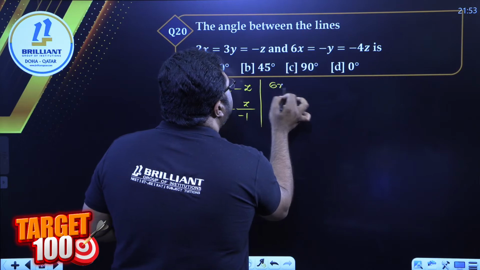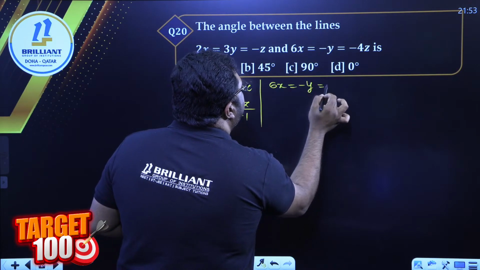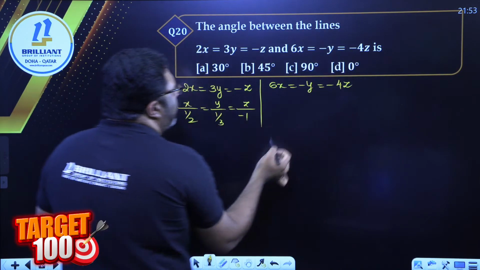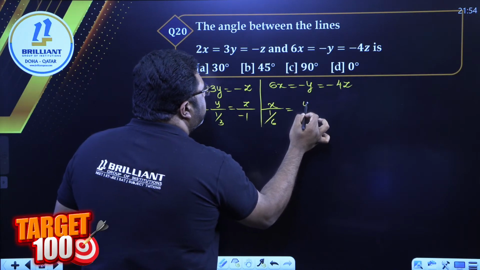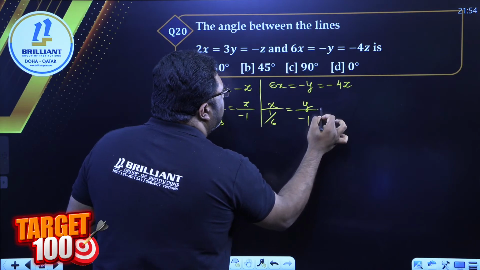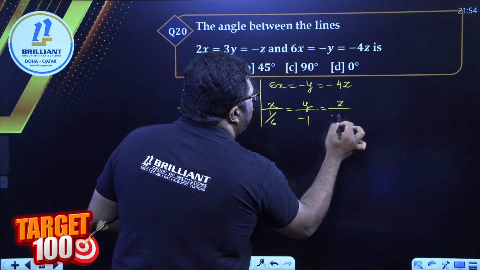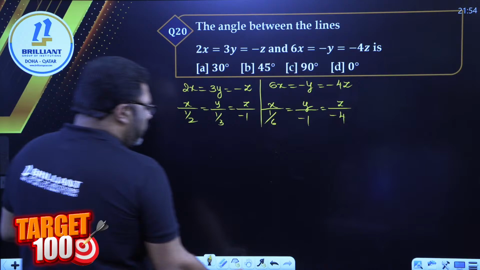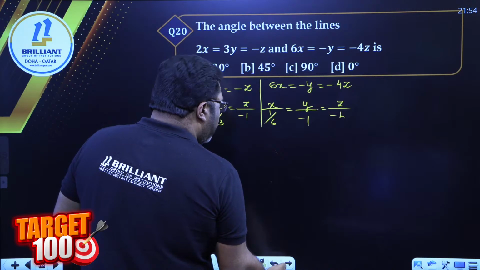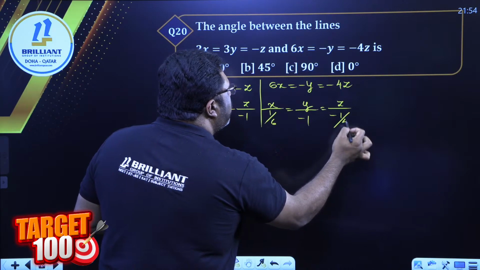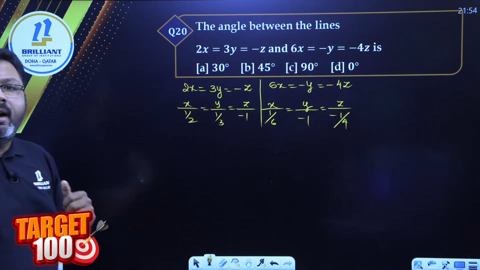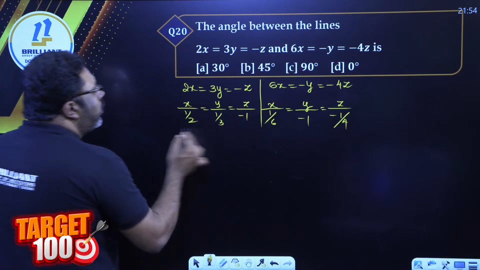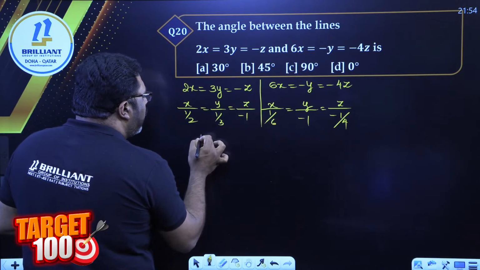The second line, 6x, minus y, minus 4z, x by 1 by 6, y by minus 1, z by minus 1 by 4. I have to use these direction ratios and find the angle between them. Okay? What's the direction ratios multiplied?